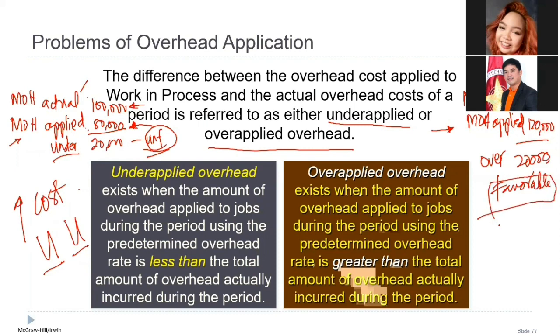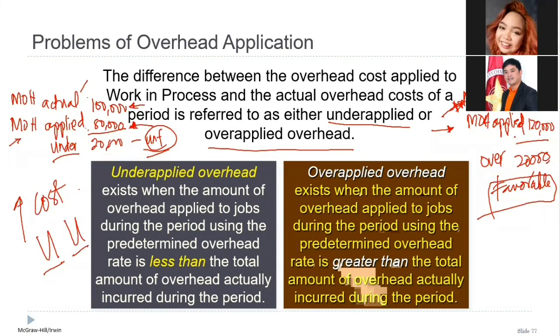However, maaaring favorable siya right now kasi yung cost mo ay bumaba. Pero eventually, since hindi mo rin na-estimate na mabuti yung MOH mo, manufacturing overhead mo, affected po somehow yung relationship mo with your customers. Imagine, na-overprice natin yung ating product.